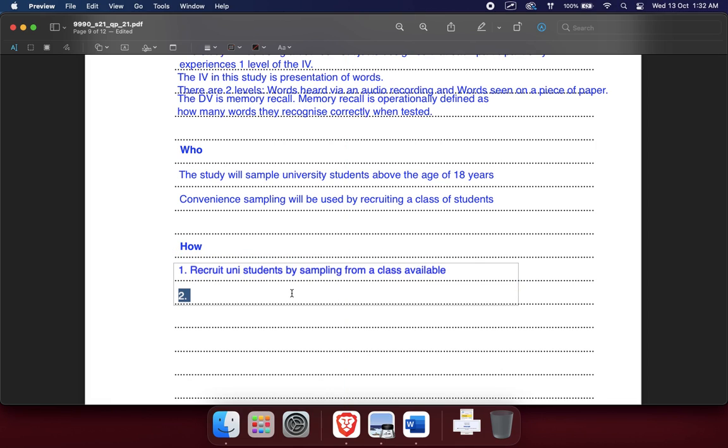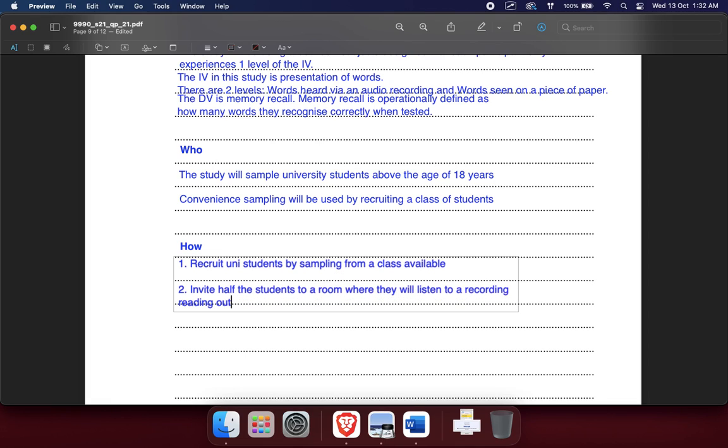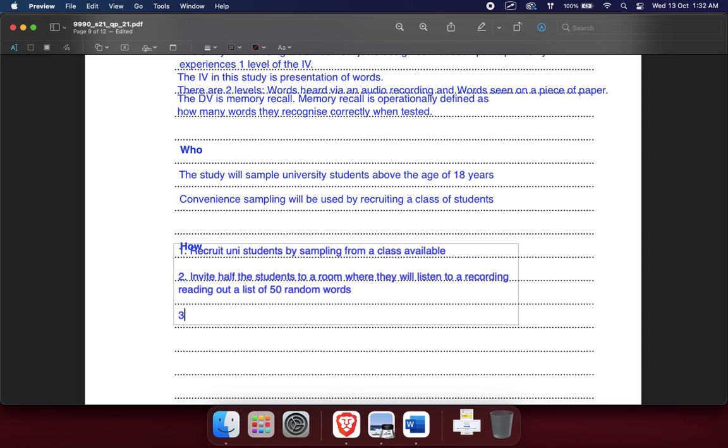Okay. Invite half the students to a room where they will listen to a recording reading out a list of 50 random words. Right? The other half, something I forgot to add is how many students you want to sample.